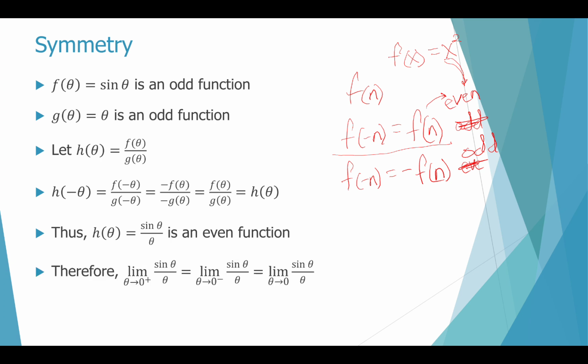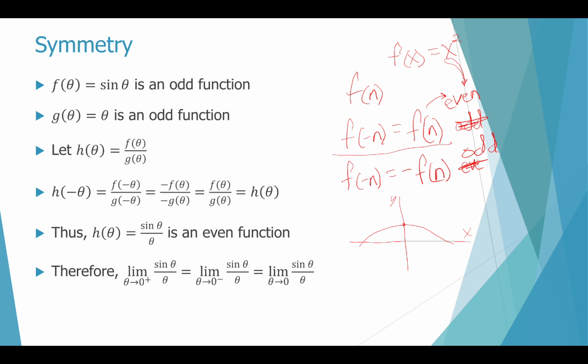If it's an even function, we know some stuff. We know that the limit as it approaches 0 should be the same from both sides, right? Because it's even, whatever shape it is, right, this is y, this is x, at this place, whatever that may be, they should be equal.